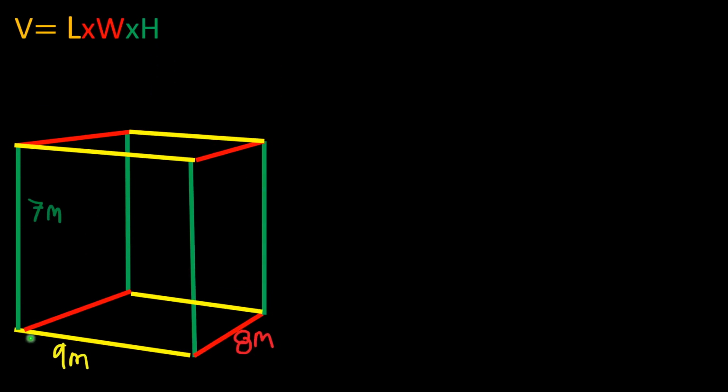In this example, our length is 9 meters, our width is 8 meters, and the height is 7 meters. So our answer is going to be in meters cubed. To compute volume, we do length times width times height. Our length is 9 meters, multiplied by our width, 8 meters, multiplied by the height, 7 meters.